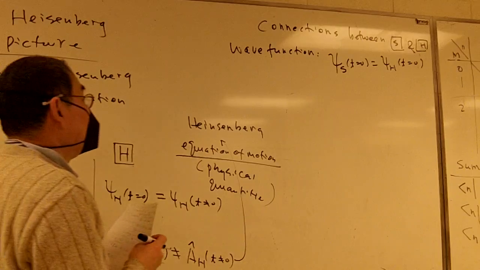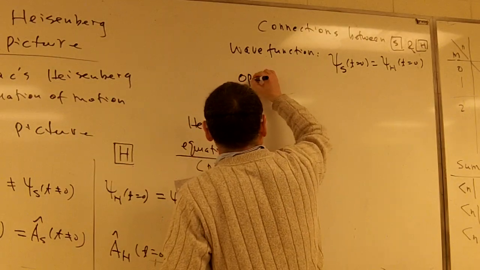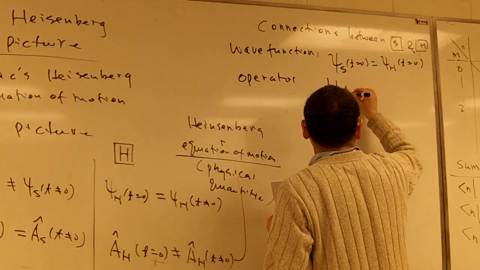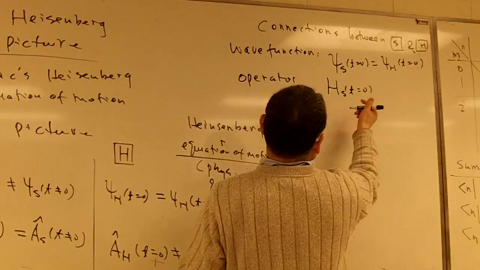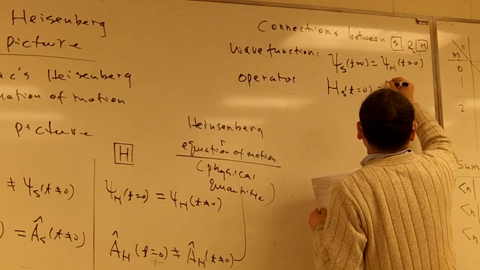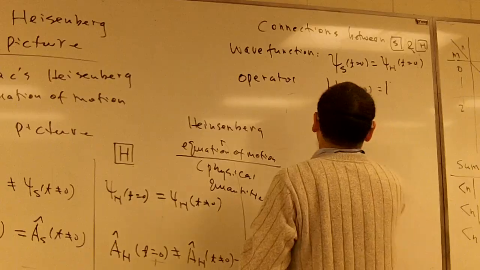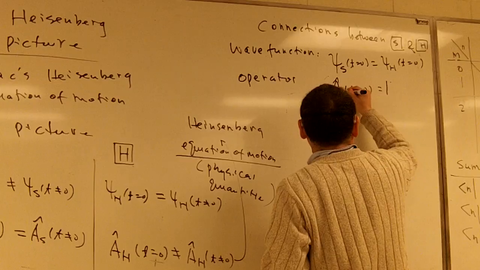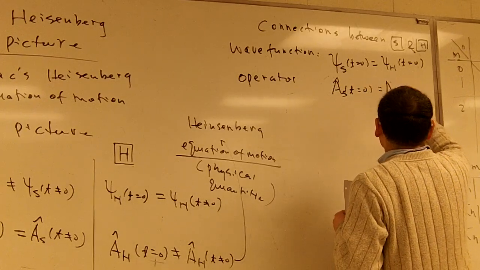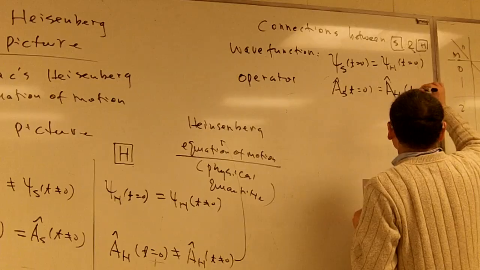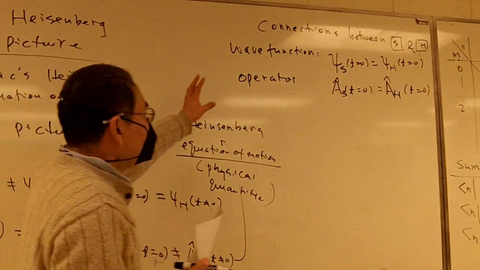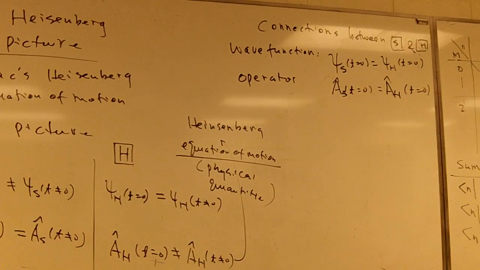Similar for the operators. For the operators, they're also the same at t equals 0. A hat in the Schrodinger picture, and A hat in the Heisenberg picture at t equals 0. So these two are related through the initial conditions for the wave functions as well as the operators. So these are the differences.